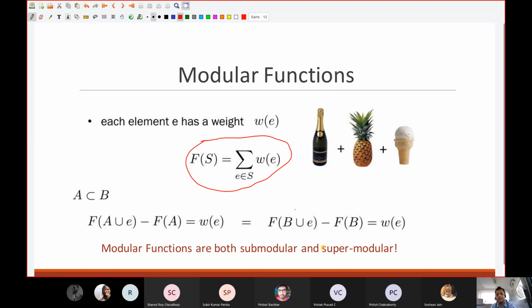You get something linearly growing with the number of elements. You can think of these as the counterparts of linear slash affine functions in continuous optimization, right?